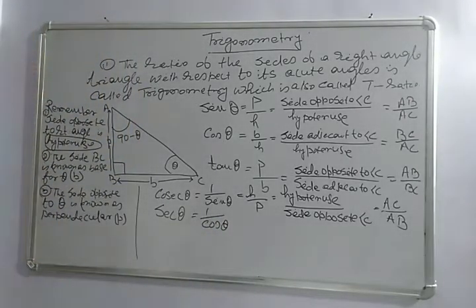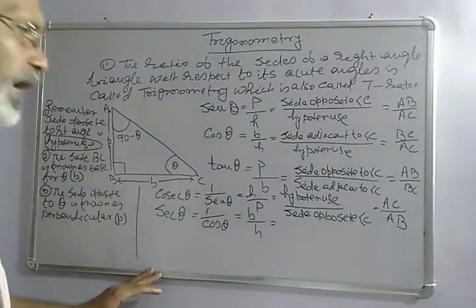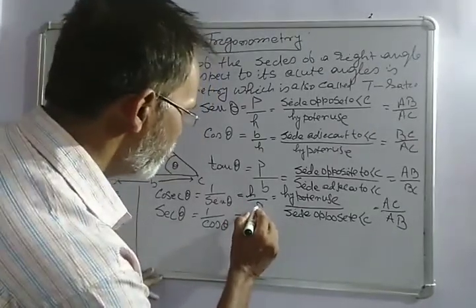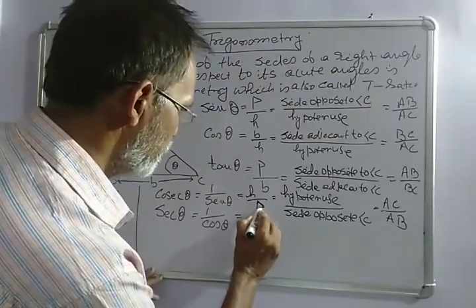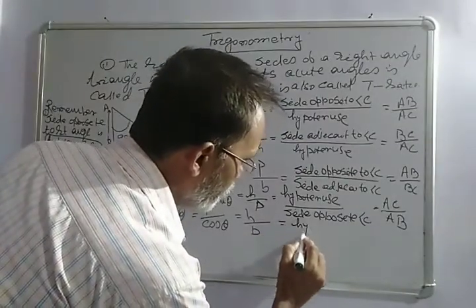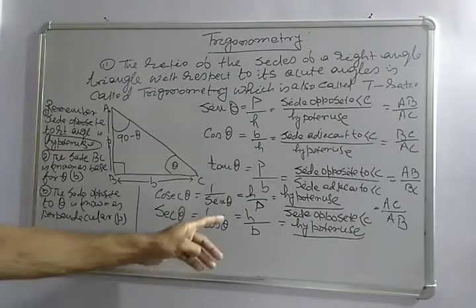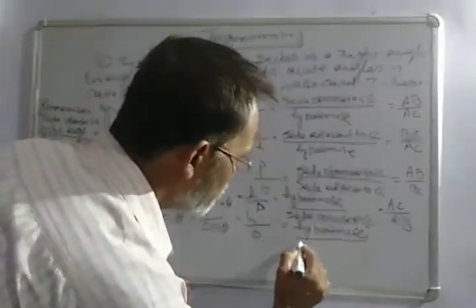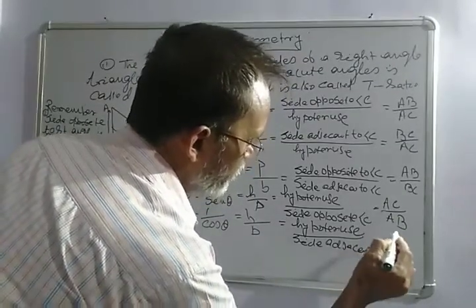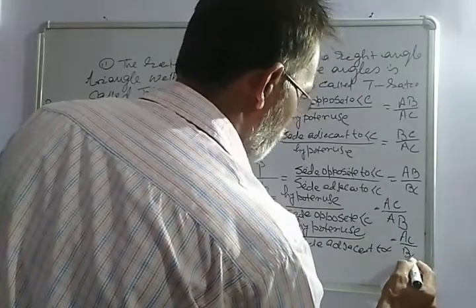Cos theta is B by H, so sec theta is equal to H by B, that is hypotenuse by the side adjacent to C, which is equal to AC by BC. So this is sec theta.